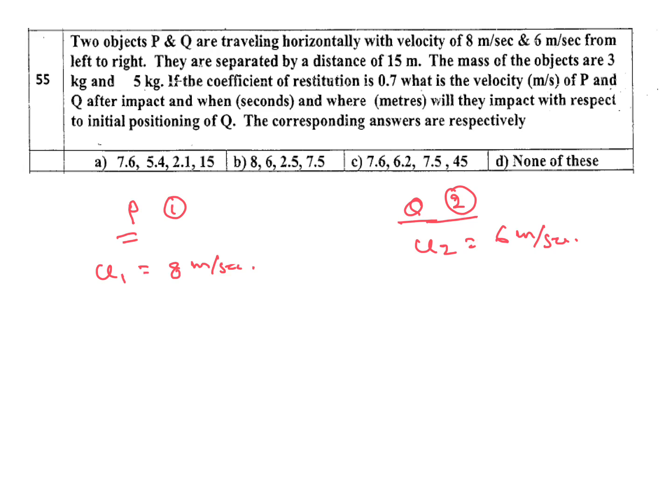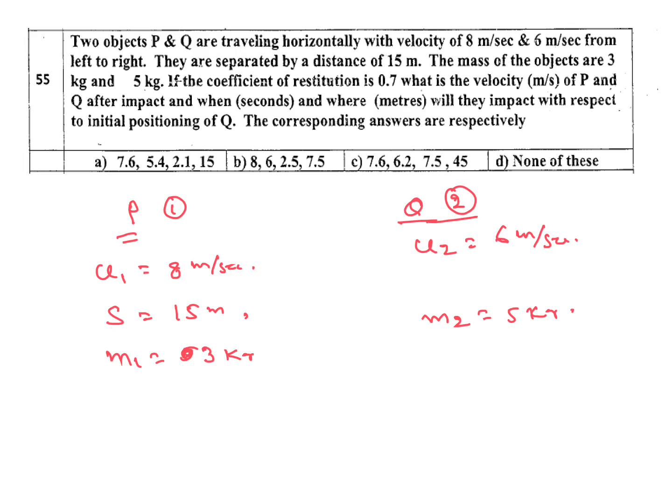Both are traveling from left to right, separated by a distance, let it be S, 15 meters. The mass of the objects are 3 kg and 5 kg. So P mass is 3 kg, M2, mass of Q, is 5 kg.